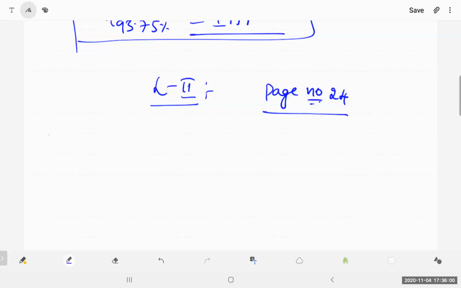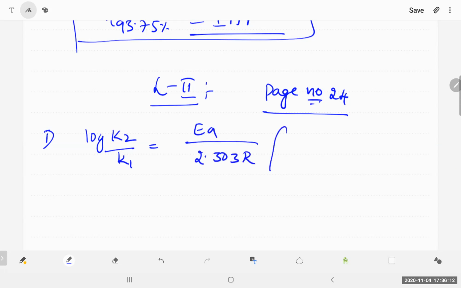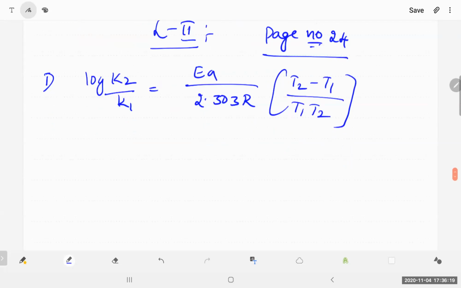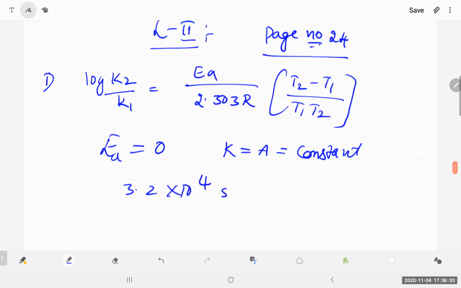What is the formula? You know that log K2 by K1 is equal to EA by 2.303 R into T2 minus T1 by T1 T2. If A is 0, then K is equal to A, which is constant. So it is 3.2 into 10 power 4 per second only.